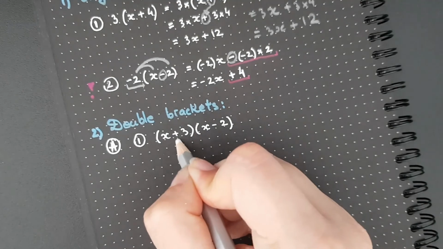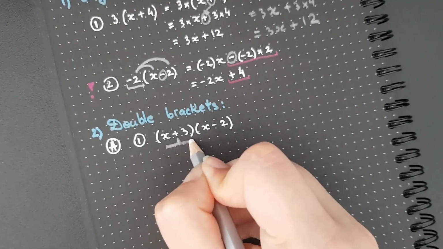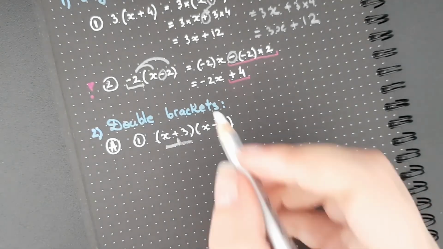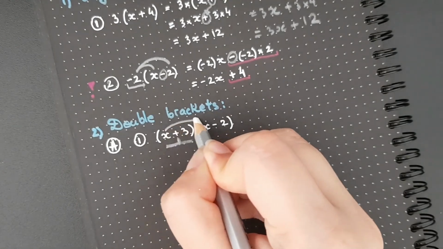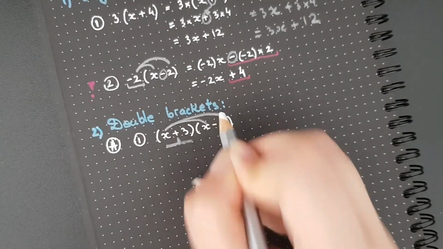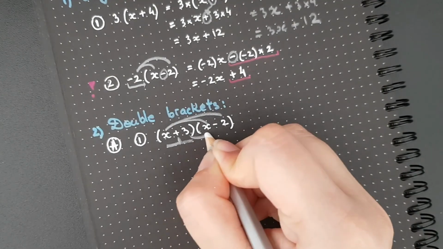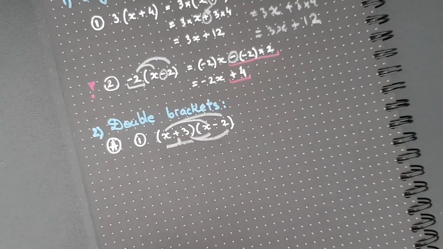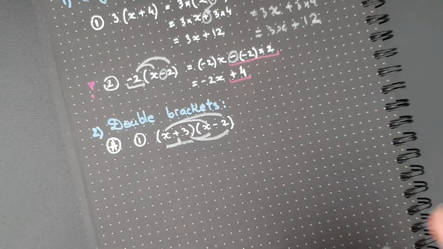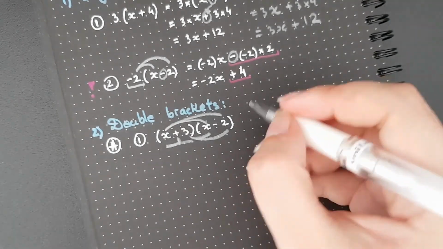So I'm actually going to put a line, split this in 2 like that, and you're going to see what I mean by that. So I do x times everything from the second bracket, and then I do 3 times everything from the second bracket, and it just becomes single brackets.